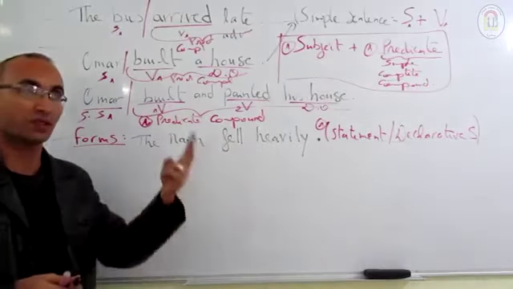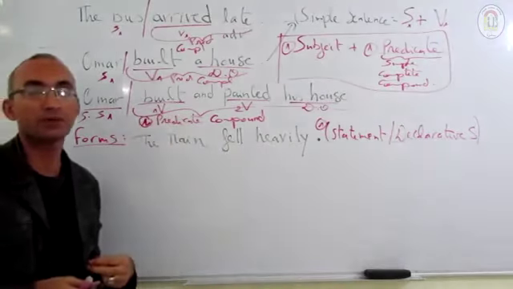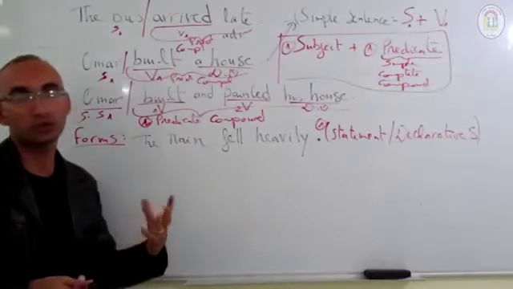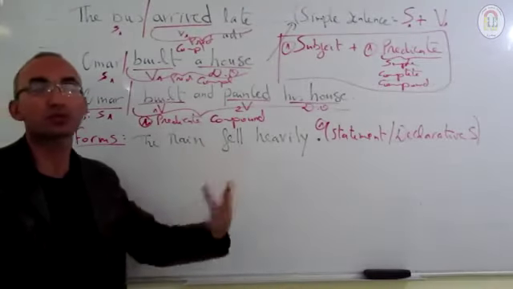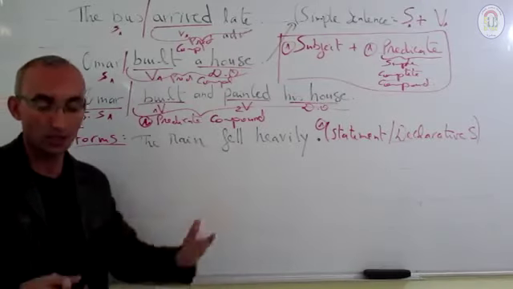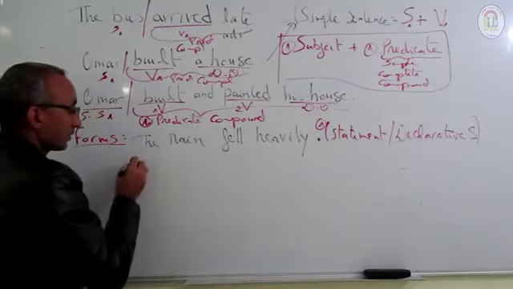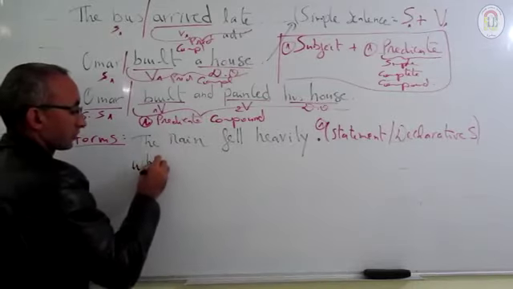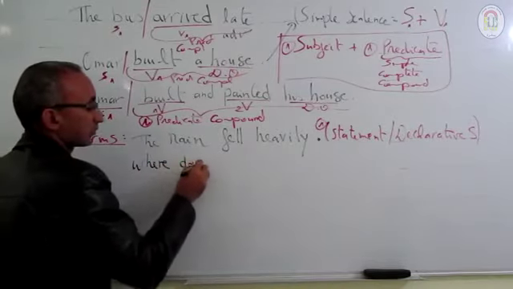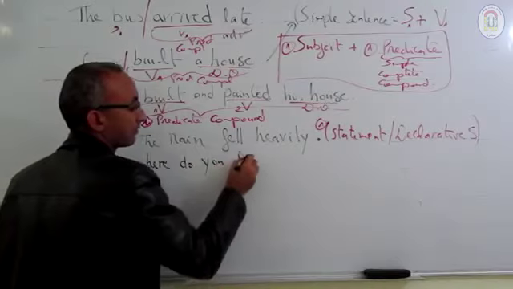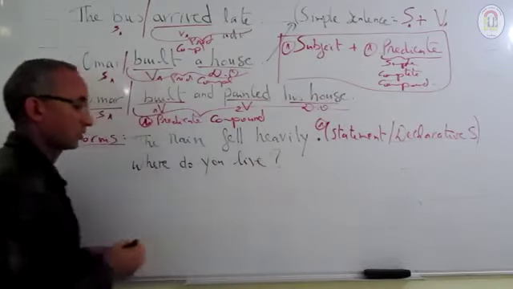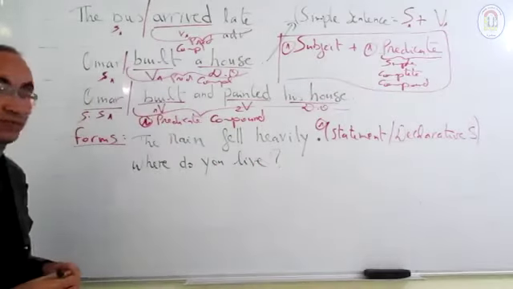Also, we have the second commonest form of the English sentence, which we use to ask for information, not to give. For example, I write, where do you live?